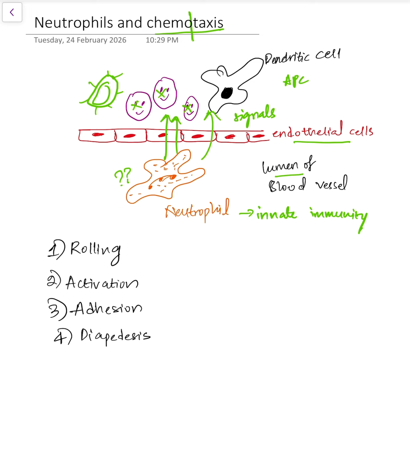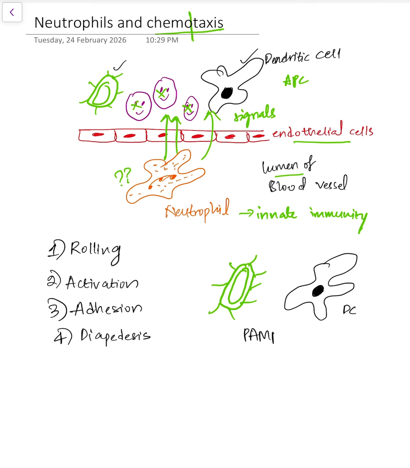Now, I would like to first start with the recognition of the bacterium by the dendritic cells. Have you ever wondered how our body knows that this is a harmful bacterium or virus which needs to be killed, and that something else is a host cell and is safe? There are things called PAMPs, which are pathogen associated molecular patterns.